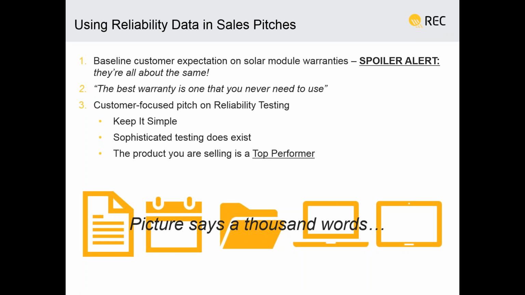For your less sophisticated residential or commercial customer, they're going to be looking at solar module warranties for the first time and probably have a couple of reactions. One of them is, wow, that's a pretty long period of time. That's good. Number two, wow, they kind of all look the same. Warranties from all different manufacturers, you cover up the name, it's fairly homogeneous, but that can't be the case.